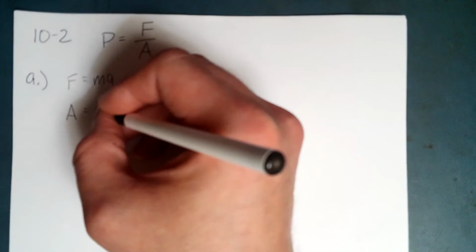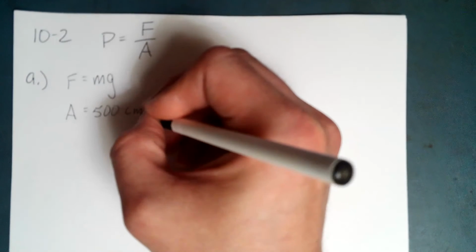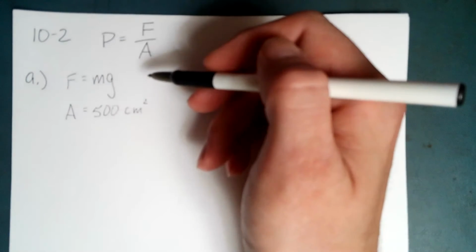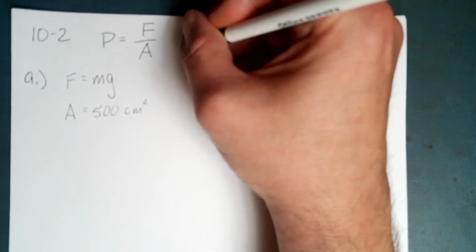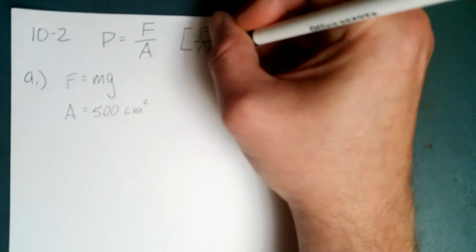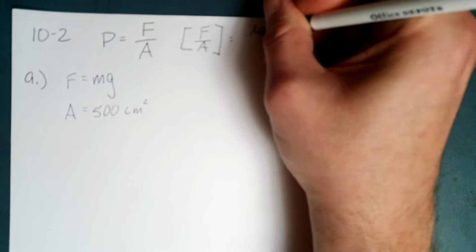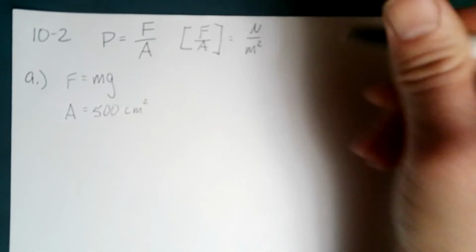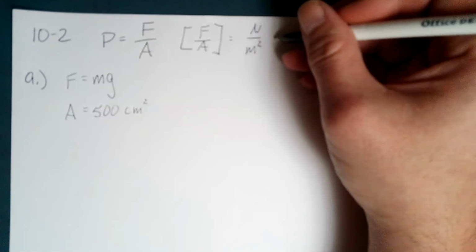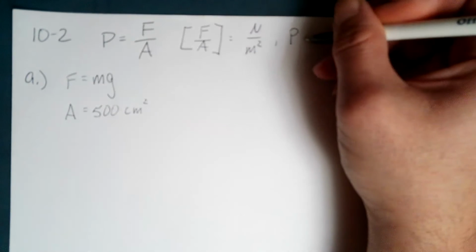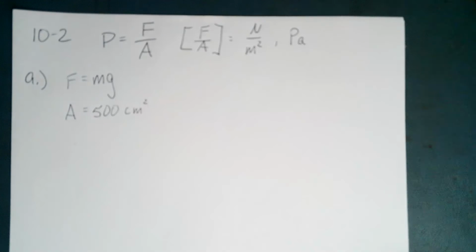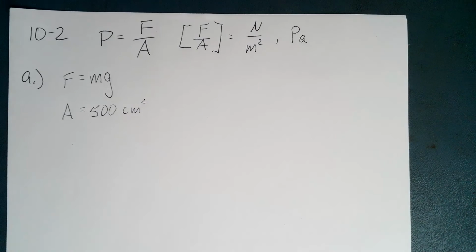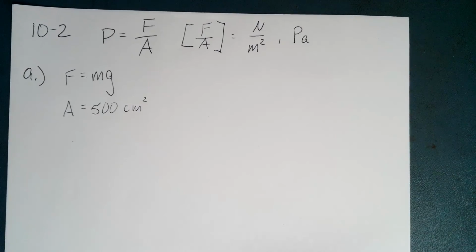The only thing we have to worry about here is the area, because if it's force per area, then in terms of units, this is going to be newtons per, remember we're always trying to use meters, so newtons per square meter. Sometimes, in fact, the homework I think prefers pascals as the unit. Okay. So we just have to convert.